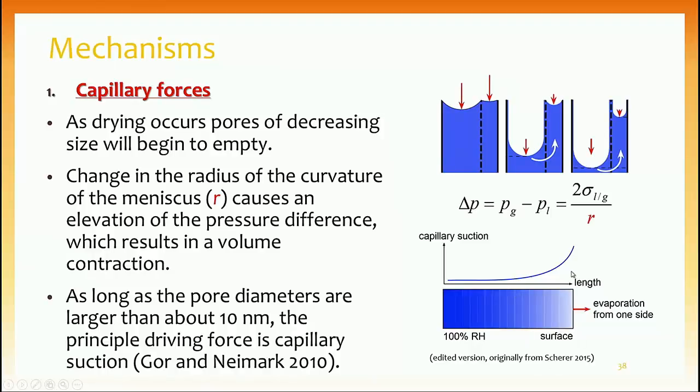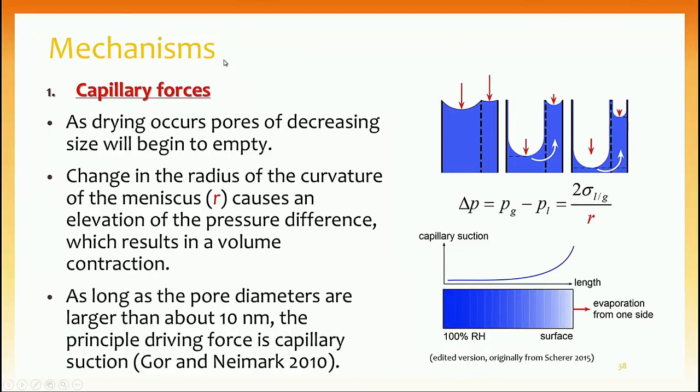So if this is a picture from the samples that we showed in the previous paper, the maximum amount of pressure is happening near the exposed surface, which was in a lower relative humidity than equilibrium relative humidity of the pore solution compared to the bottom of the sample, which was still around 100% relative humidity.